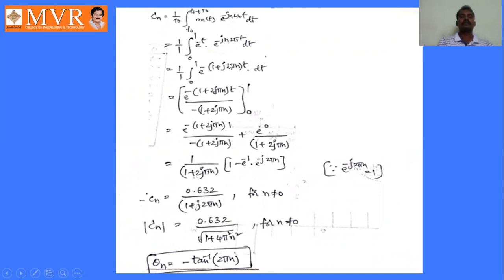So it is in the form of integral e^x dt. That gives e^(-(1+j2πn)t) divided by minus (1+j2πn), with limits 0 to 1.